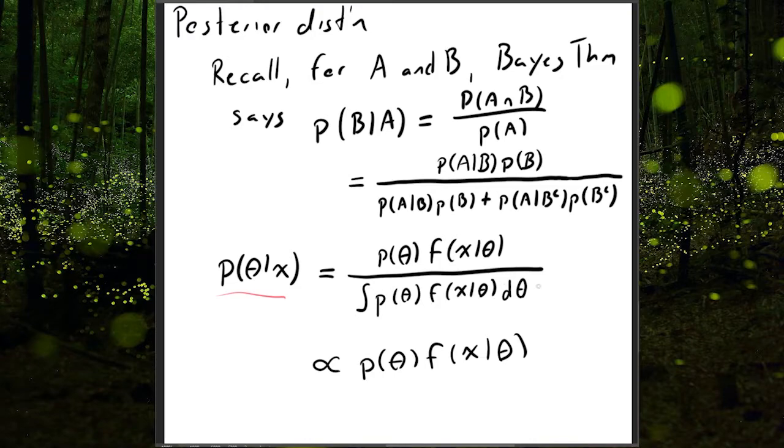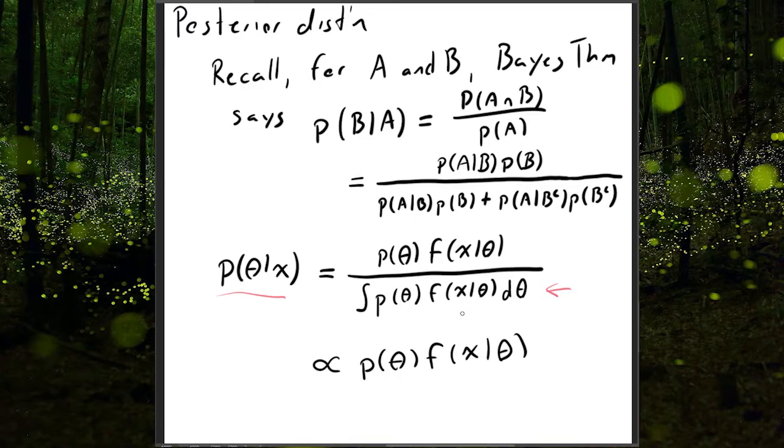This term on the bottom here is just a normalizing constant. This is just a multiplicative constant. It's the constant that makes this go to 1. But it doesn't involve theta. The only thing that involves theta is the numerator. And because of that, I can say that the posterior is proportional to this. And whatever's going on down here, I don't really need to worry about it. I just need to have the whole thing come out to be 1 in the end.